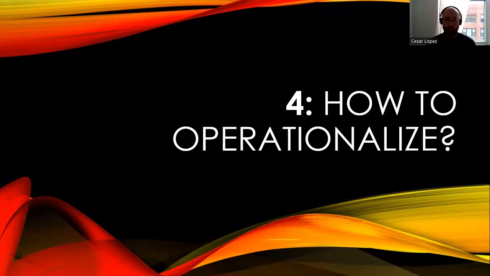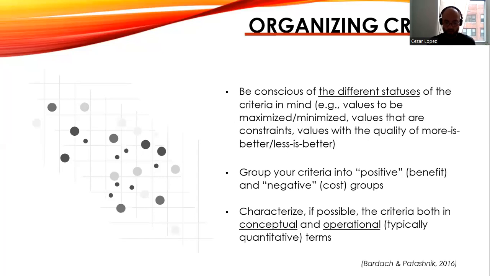Part 4, how to operationalize. After choosing the preliminary set of criteria, they're probably not yet ready to be used in analysis, and there needs to be more elaboration. In other words, you need to operationalize. Bardach recommends being conscious of the different statuses of the criteria in mind.